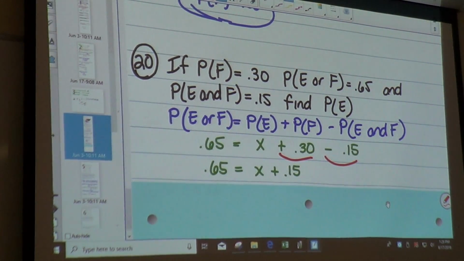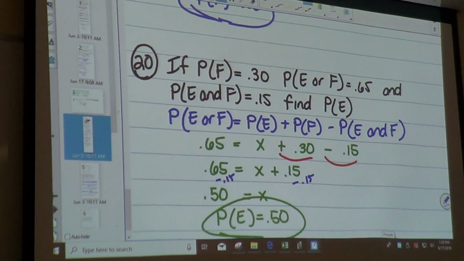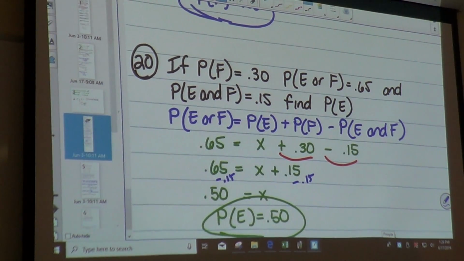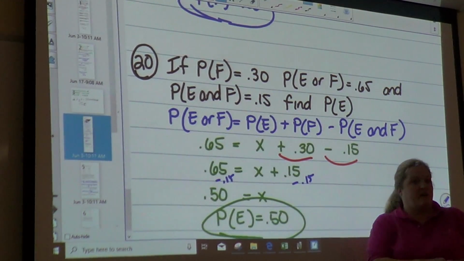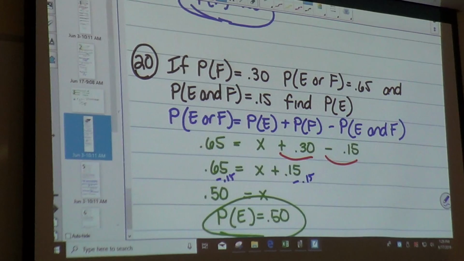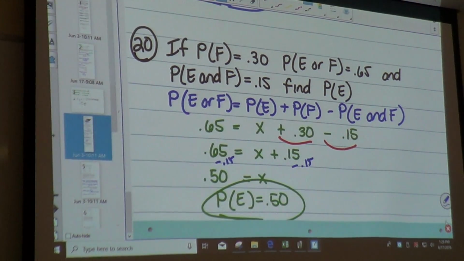That's going to give me my 0.15, and then I'm going to subtract the 0.15 from both sides. That gives me my final answer, which is 0.5. And then I've got to remember what I was solving for: the probability of E is 0.5. And again, those are not on the test, probably just on the homework.